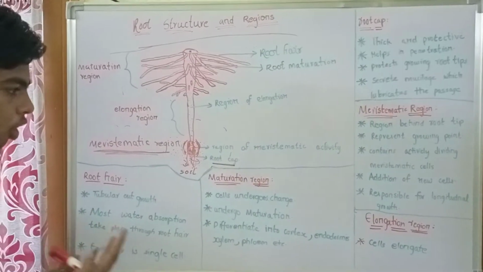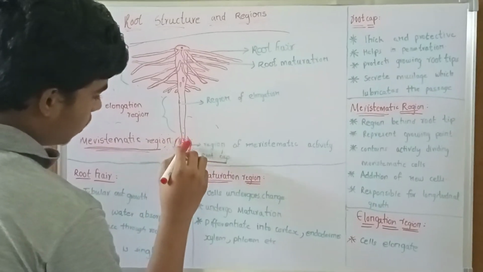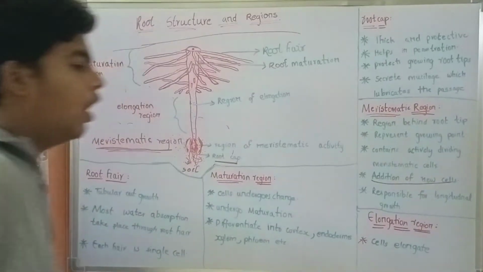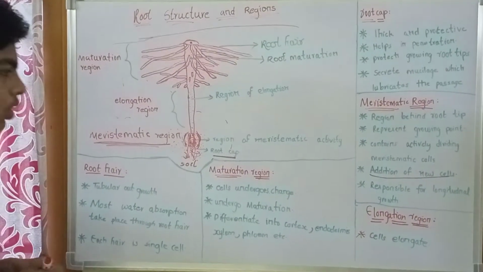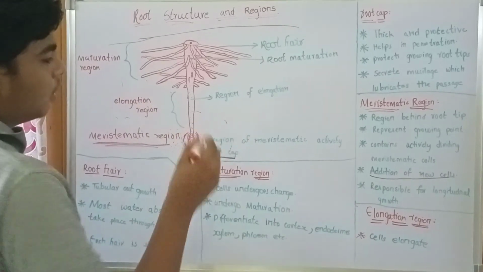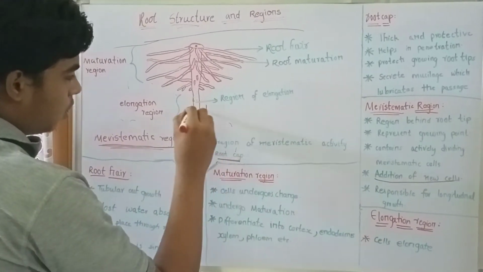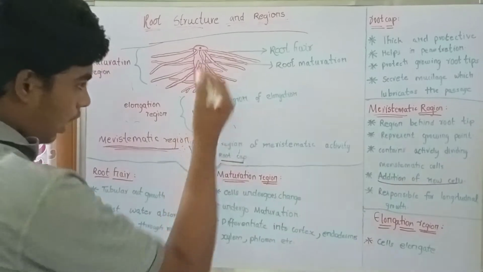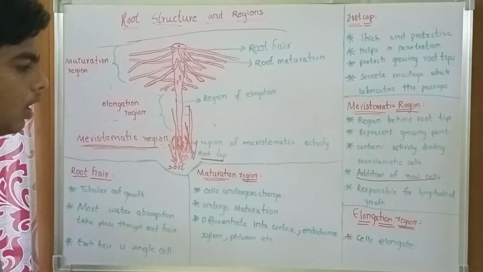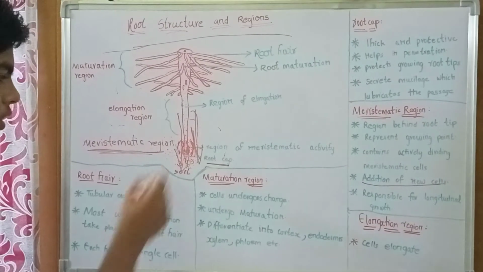New cells are formed, and the addition of new cells is responsible for the longitudinal growth. The root has its own priority, which is longitudinal growth.